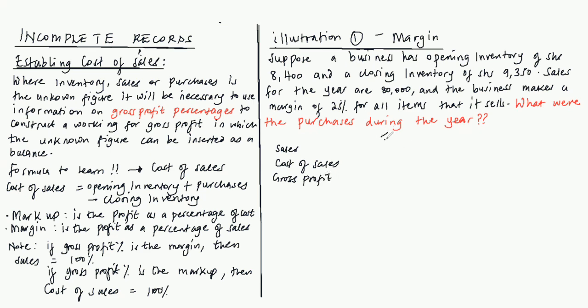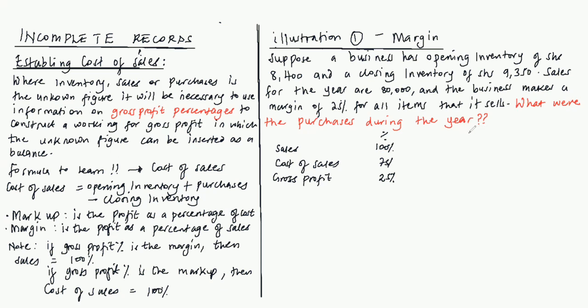In percentage terms, if they use margin, then your sales are going to add up to 100%. Then for the cost of sales, if the gross profit margin is 25%, it means that your cost of sales is 75%. Because to get the gross profit, we get the sales less the cost of sales.